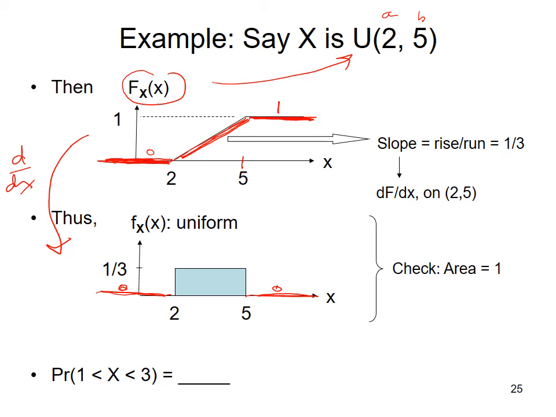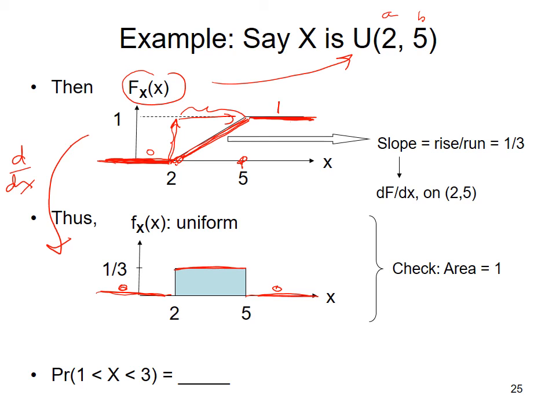So the slope of this line, notice you go up 1 and you go over 3, going from the 2 value, say, to the 5 value, right? You rise 1 and you run 3. So rise over run is 1/3. So the derivative on the interval from 2 to 5 is 1/3. So there's my derivative of capital F. It has value 1/3 between 2 and 5.